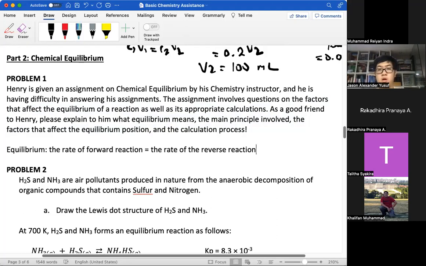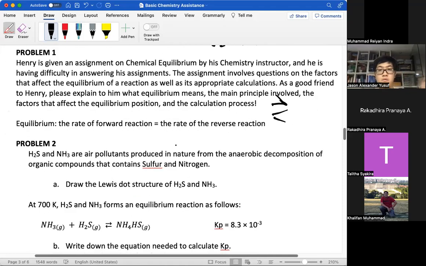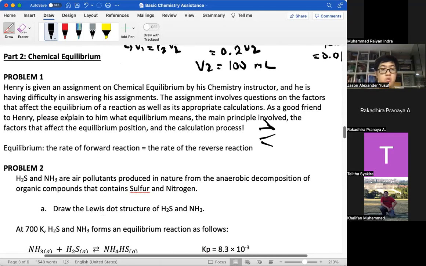And when we're dealing with equilibrium, we're dealing with reactions that go both ways. Hence you will see a sign that looks like this. This sign is used to indicate something that is going back and forth. Right, and so next, let's continue on with the problem.